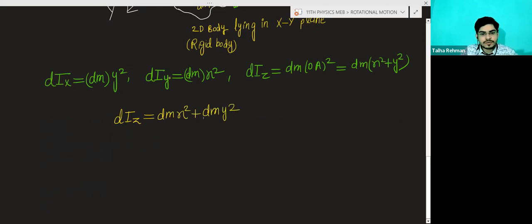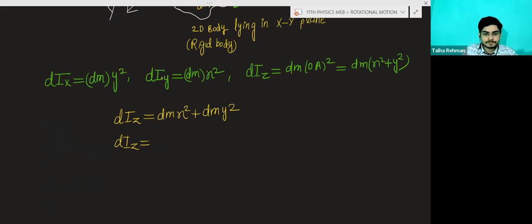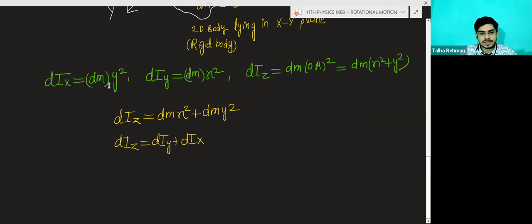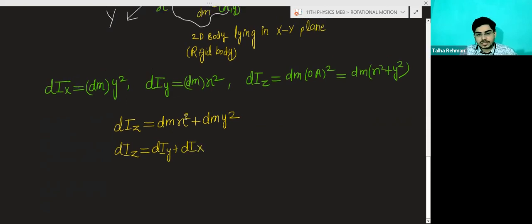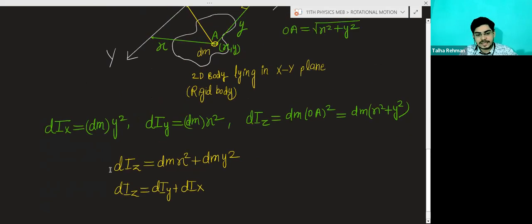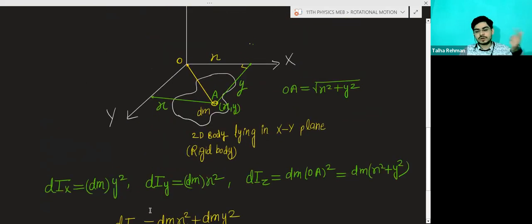Now what is dm of x square? dm of x square is diy, and dm of y square is dix. This diz is the moment of inertia for the small mass.